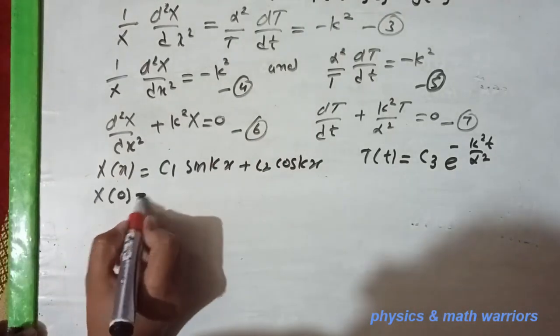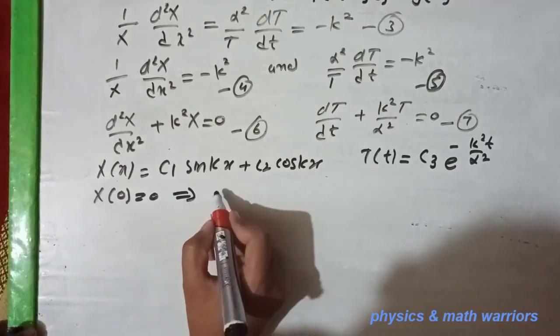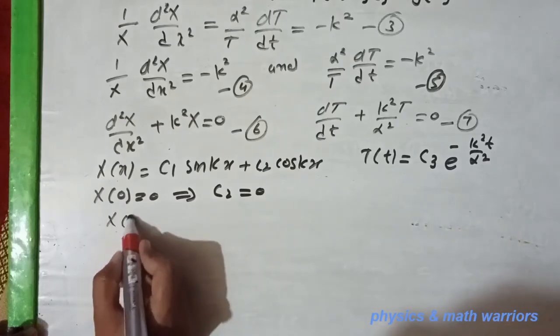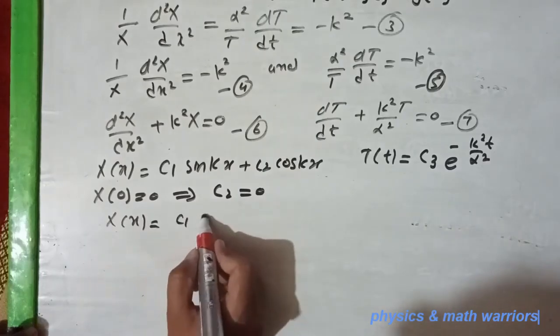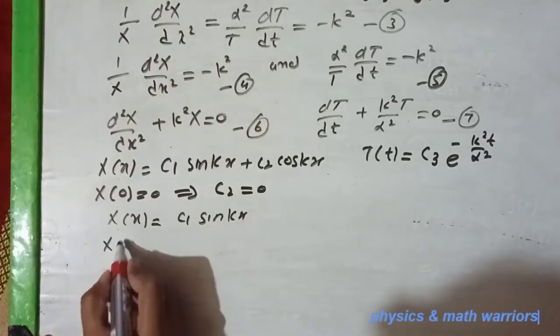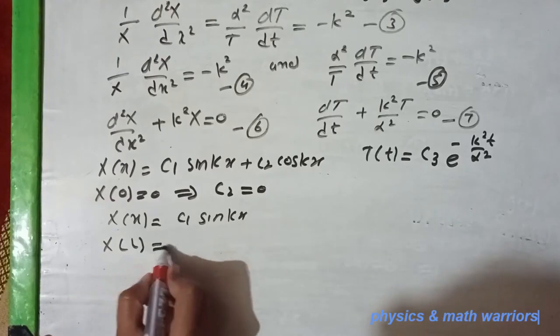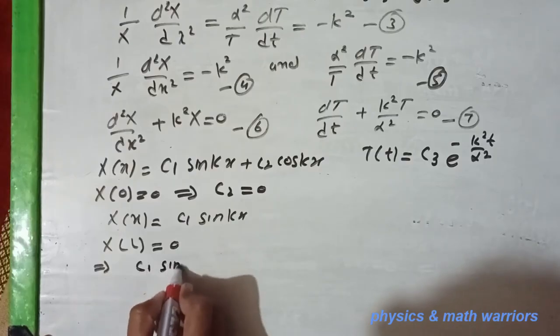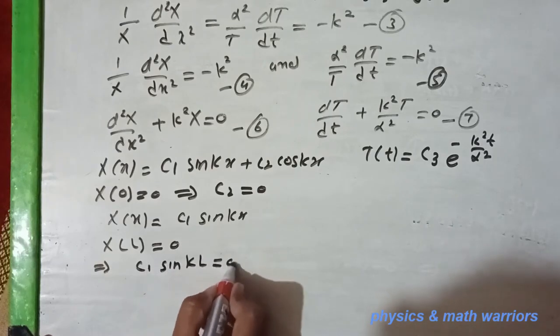X of 0 is equal to 0 implies C2 is equal to 0. So X of x is equal to C1 sin kx, and X of L is equal to 0 implies C1 sin KL is equal to 0.